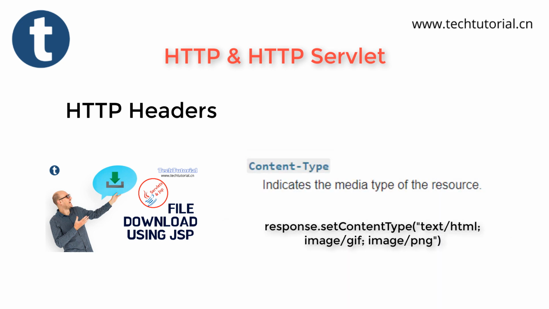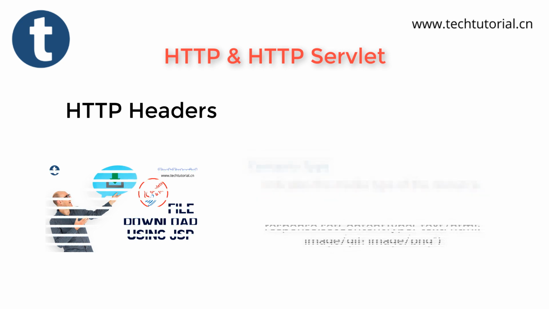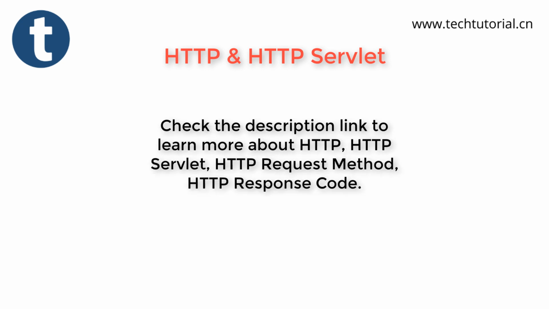What kind of data are we sending to our server: text like HTML, or an image like JPG or GIF, or a file like exe, any kind of thing. So Content-Type defines that. There are many more. I will give the documentation link in the description below. Check those out and many more.